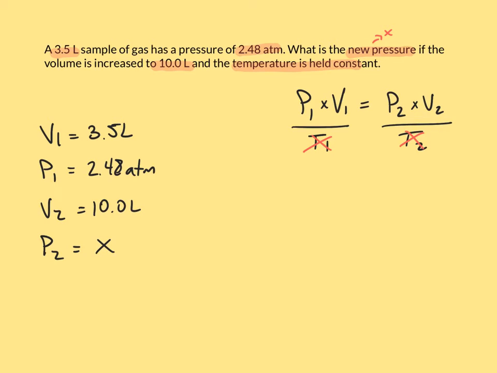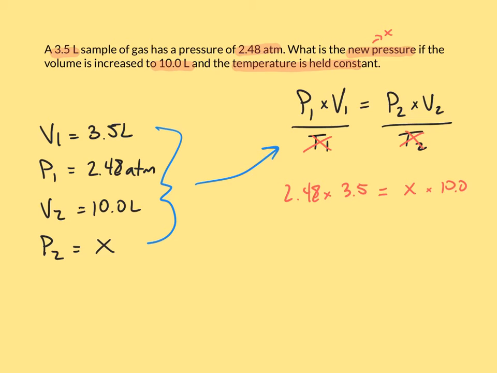Now I list the numbers down the left-hand side. 3.5 liters for V1, 2.48 atmospheres for P1, x for P2, and V2 is equal to 10.0 liters. Then I'm going to substitute those in to the formula for P1, V1, P2, and V2.